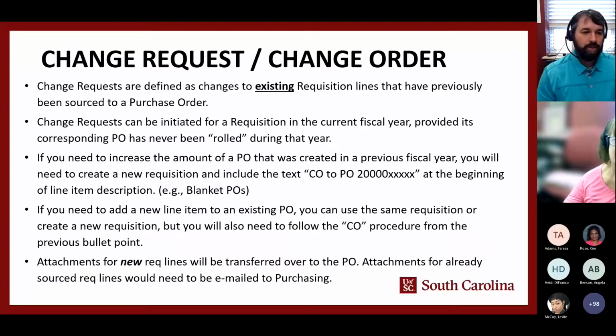But your action as a requisitioner or requester is to edit existing requisition lines and create a change request, which once approved under the normal workflow that requisitions would traditionally go through, comes over to a buyer alert, and the buyer reviews the change to make sure that it's valid, that it's within the procurement code compliance, that everything systematically will work properly so that there are no error messages.